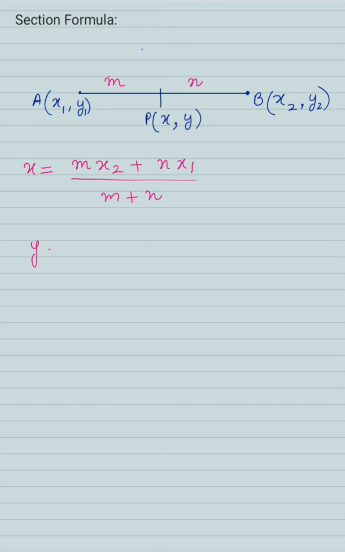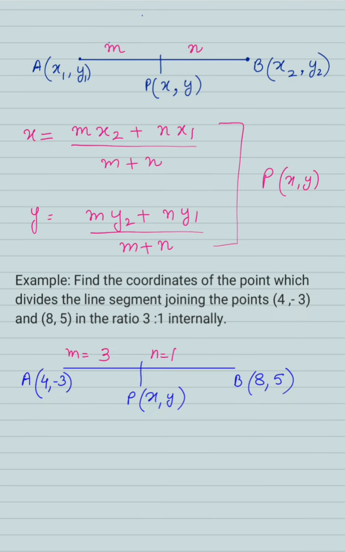And the y coordinate is m into y2 plus n into y1 upon m plus n. So these are the coordinates of the point P, which is dividing your line in the ratio m:n.